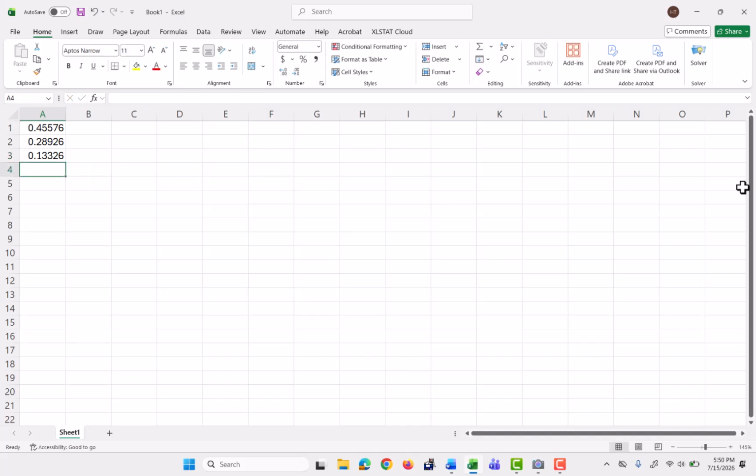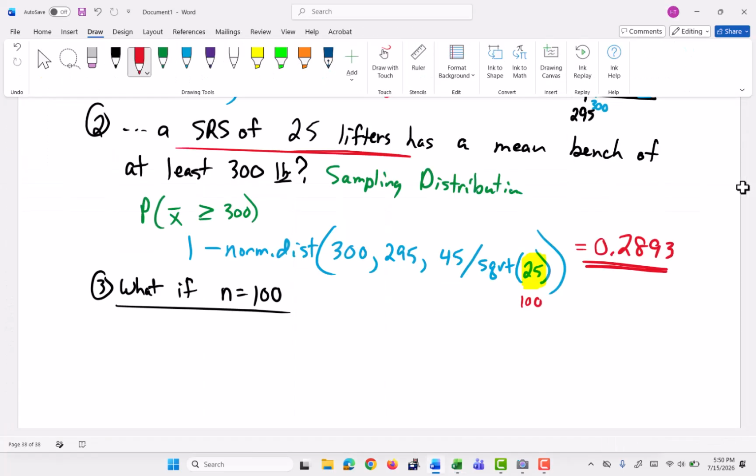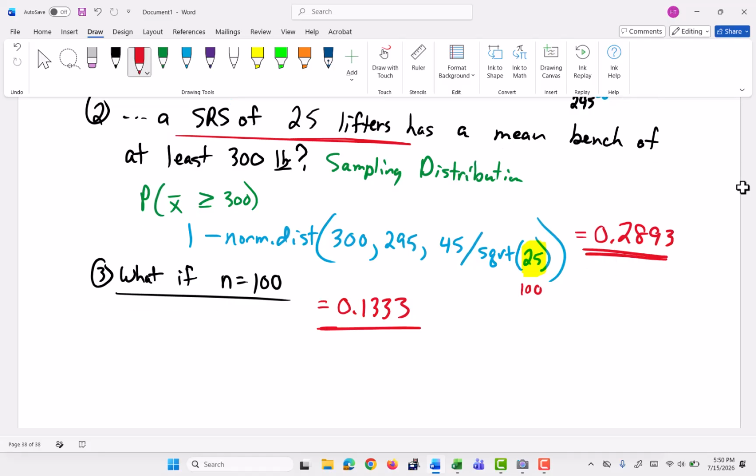And we get 0.1333. So as you can see, the larger the sample size gets, the less likely it is that the mean of that sample is going to be further away from the mean of the actual population.